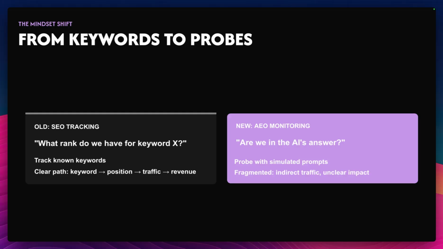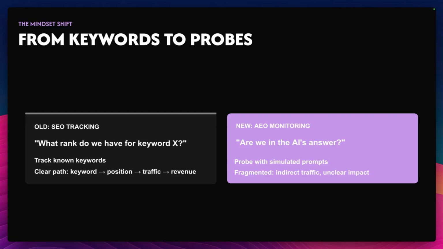So you have to do a mindset shift from keywords to thinking of prompts as probes. So, to check the water, more or less, or test the water. With SEO, you would basically ask the question, what rank do we have for the keyword XY?